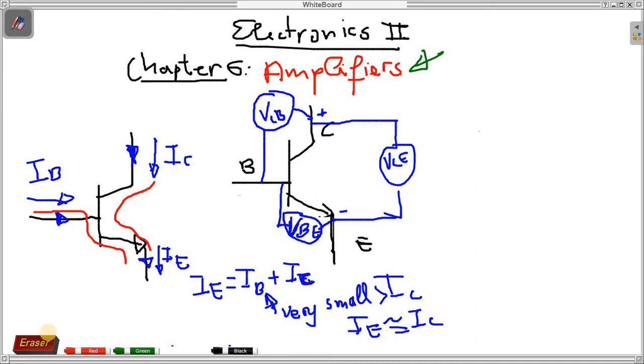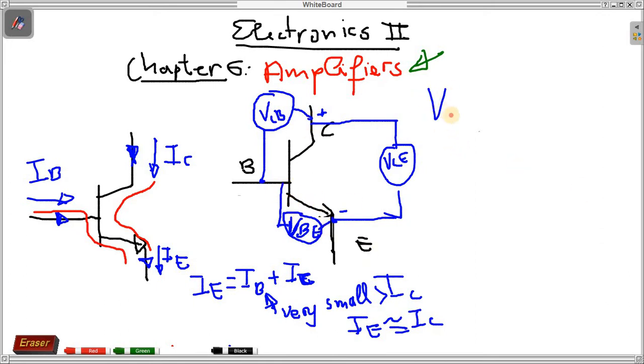This is how we represent the current and the voltage through our transistor. So if you've been asked to find VCE in a BJT transistor, you know that we measure VCE from here to this corner, or VCB from here to here, and VB from here to here.